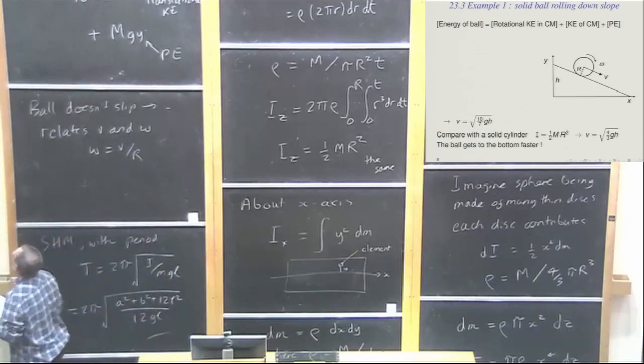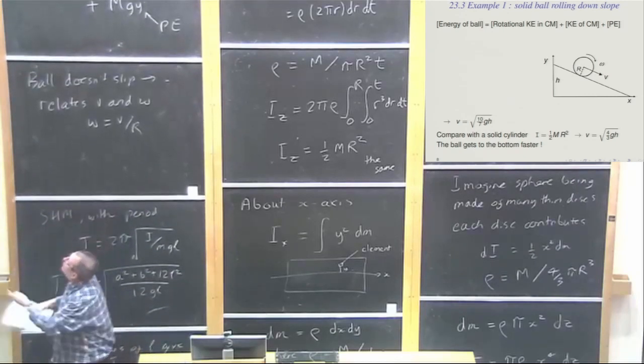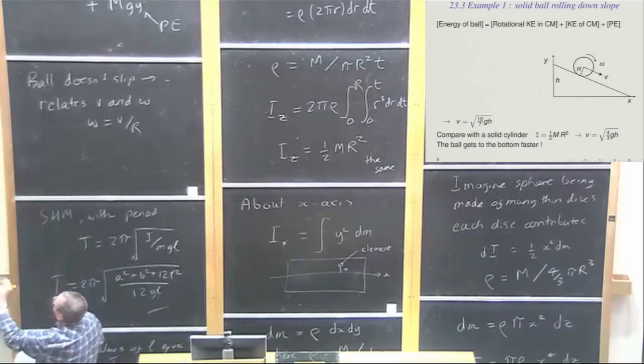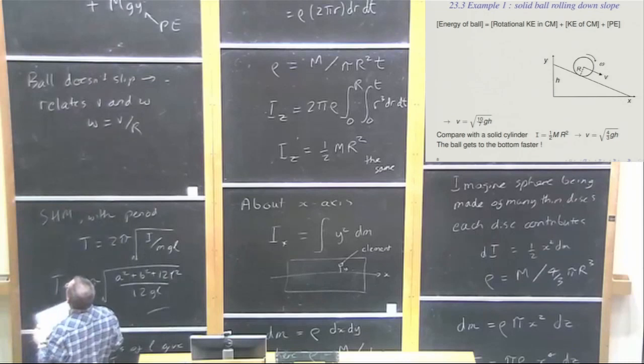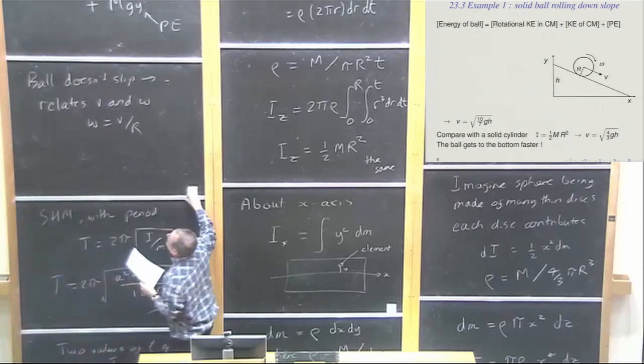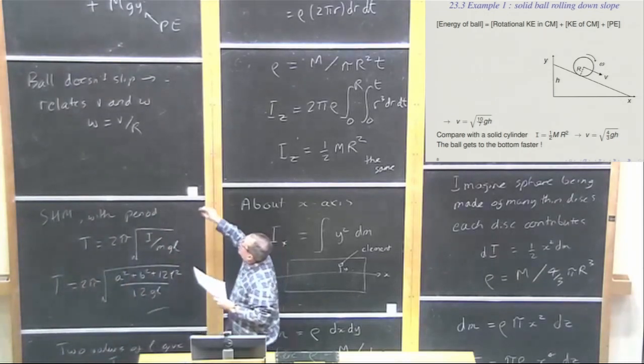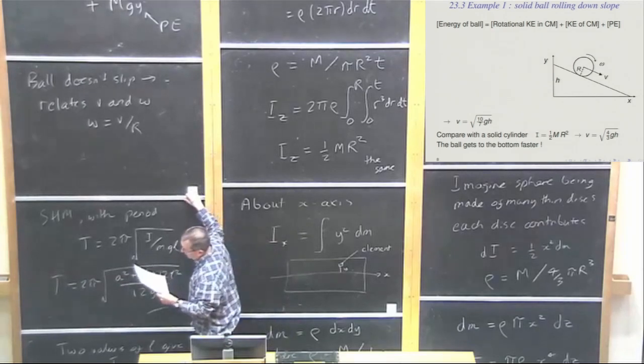You could imagine the contrary case, if this ball was very, very slippery, you could spin it at the top, and it could be spinning violently while sliding down the slope. It's not doing that. Every time it rotates, that corresponds to motion down the slope.